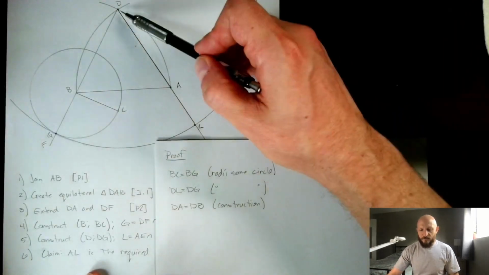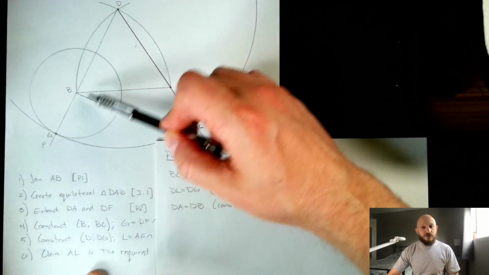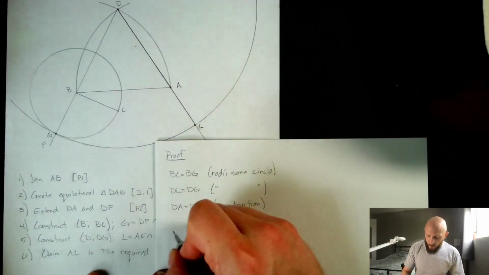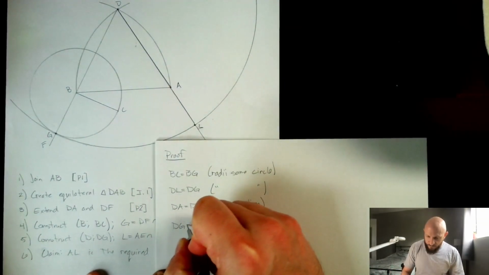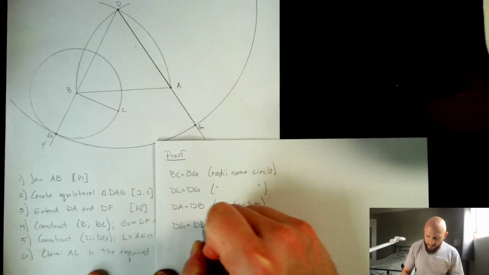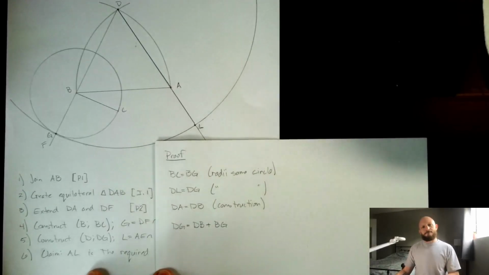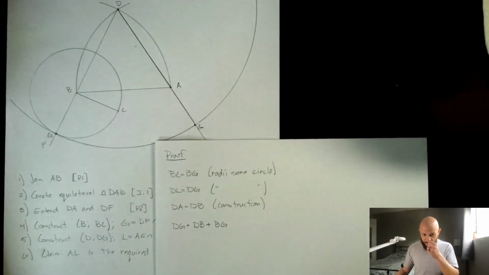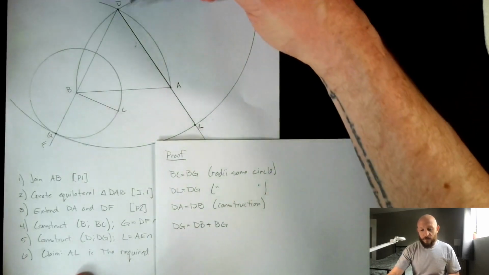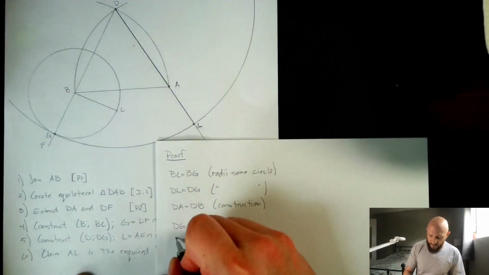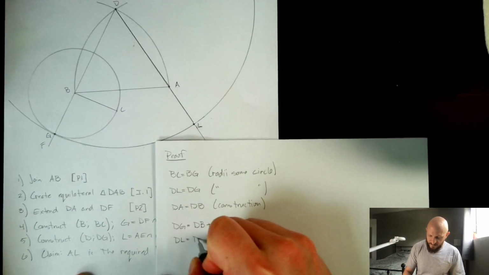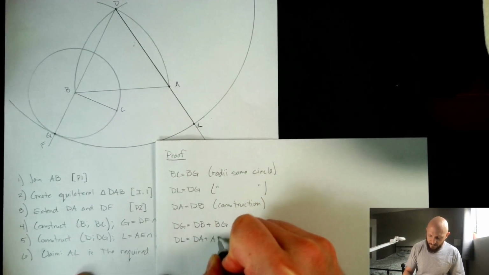If we take a look at the line DG, which is a straight line, we know that DG is equal to the line segment DB plus the line segment BG. Similarly, we can say something similar of DL, that DL is equal to DA plus AL.